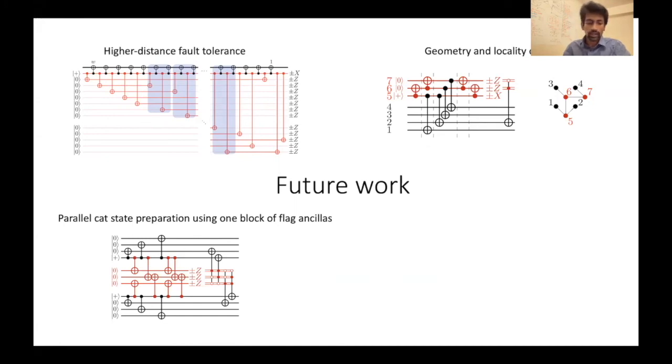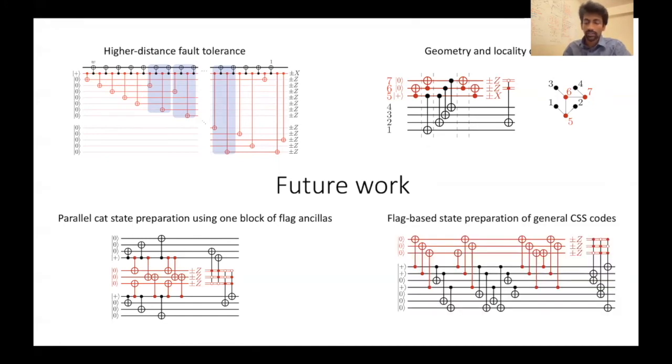We also looked at the flag-based state preparation of general CSS codes. So we showed that flag-based techniques can be used to prepare cat states fault-tolerantly. Cat states are basically just stabilizer states of some CSS code. So we asked if it is possible to use these flag techniques on more complex CSS codes.